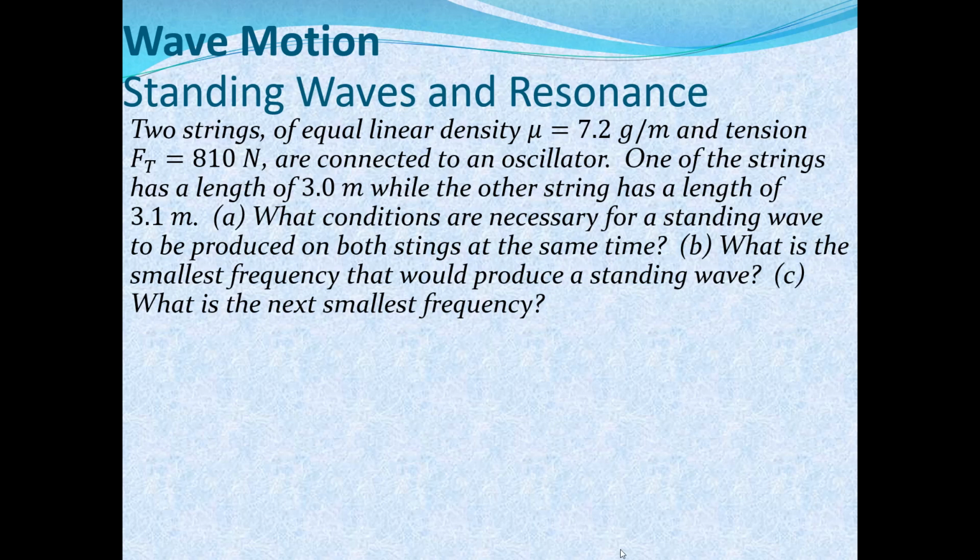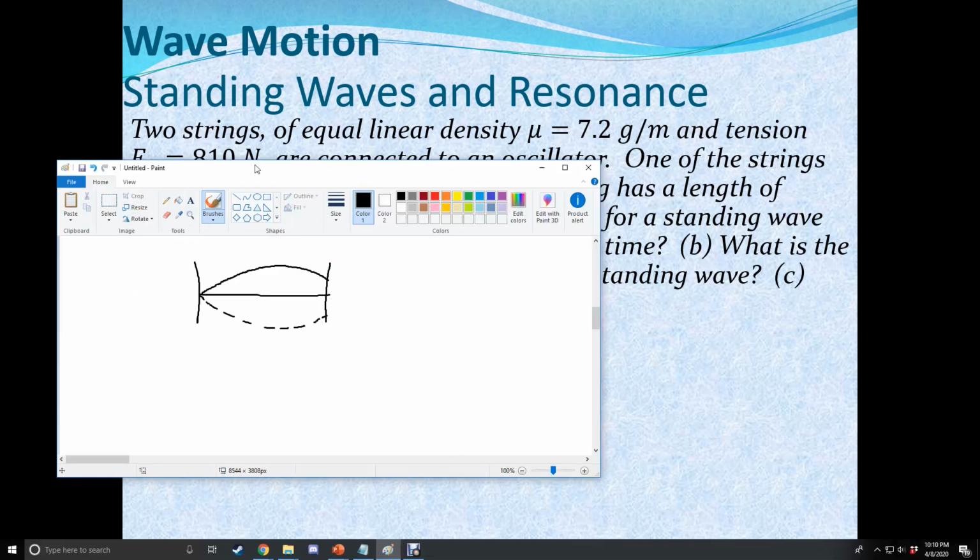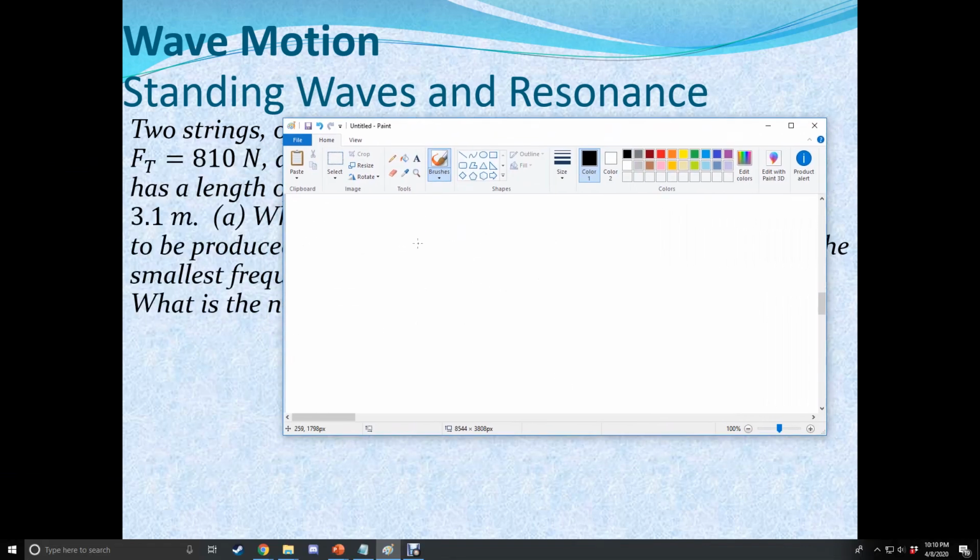Now for part A, it's wondering what conditions are necessary to create a standing wave in both strings. So what it's saying is this. We have two identical strings, and they're connected to the same thing, so they're going to be vibrating the same way.